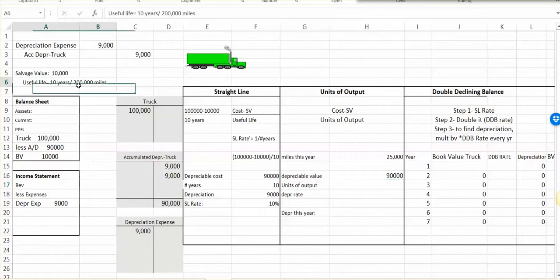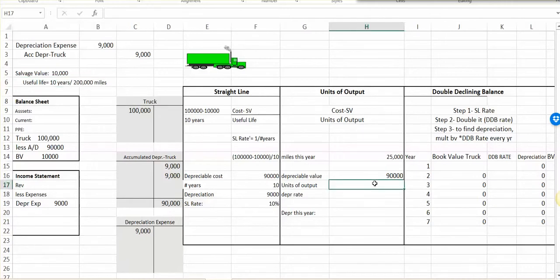You'll see here when we talk about the truck, the useful life is 10 years, but it's also written as 200,000 miles. So here the units of output will be miles. So the truck is going to be good for 200,000 miles, which means to figure out the depreciation rate, you'll say $90,000 divided by 200,000 miles is 45 cents per mile.